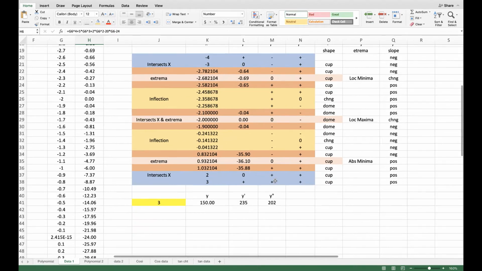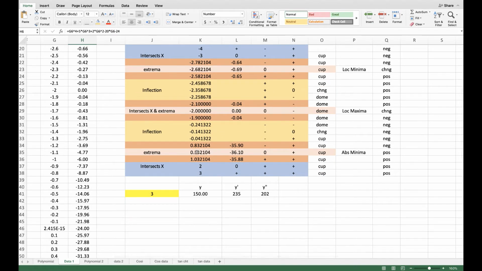So it doesn't cross exactly, but it intersects the x-axis, as well as being an extrema for us. Now finally, our last value for y prime that caused y prime to be 0 was when x was 0.9321. And that's where we're going to find an extrema. In fact, the actual value for y there is -36.